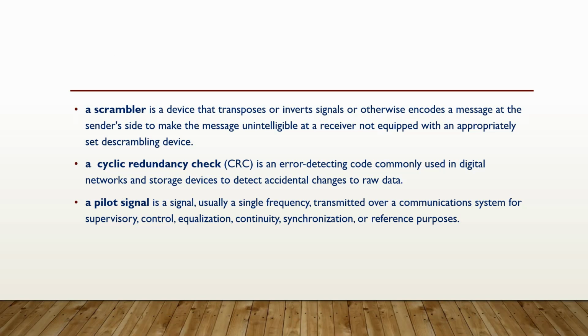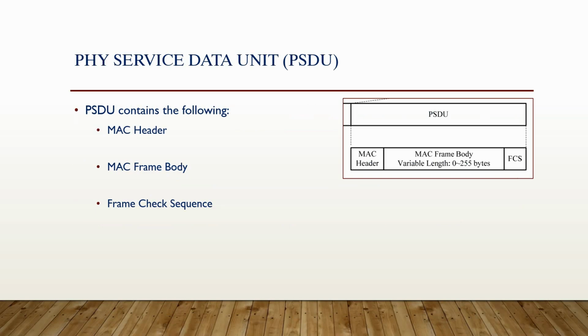A cyclic redundancy check is an error detecting code commonly used in digital networks and storage devices to detect accidental changes to raw data. A pilot signal is a signal, usually a single frequency, for radio communication, transmitted over a communications system for supervisory, control, equalization, continuity, synchronization, or reference purposes.